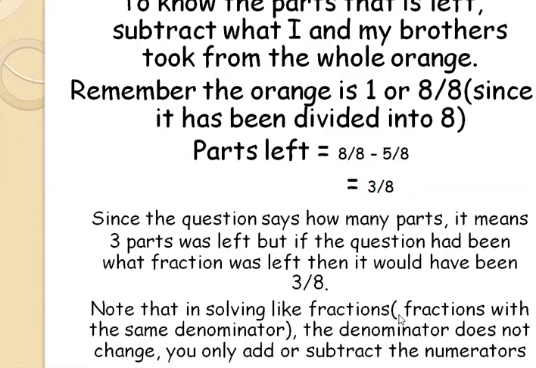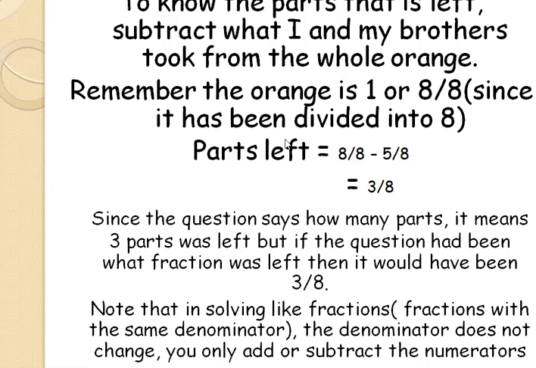So what do we have left? For me to know the part that is left, what I will do is to subtract what I and my brothers took from the whole orange. Because the orange is one whole, but it has been divided into 8 parts, that is 8 over 8.